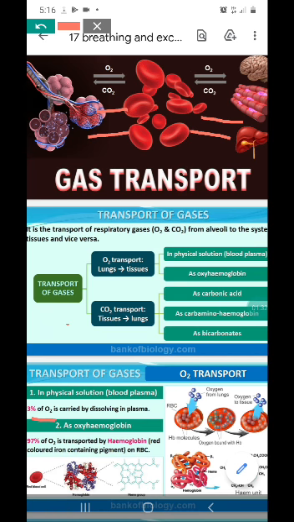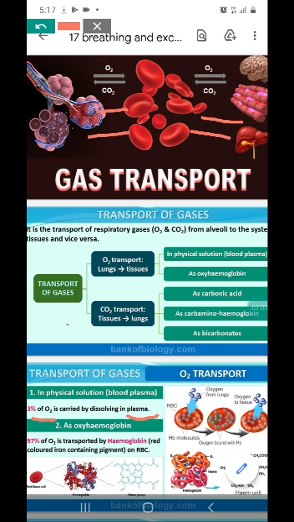3% of oxygen from the alveoli is dissolved into the plasma, just simply dissolving in plasma, the liquid part of the blood or matrix of the blood. How much percentage? 3%. Okay. And the remaining 97% of oxygen is transported by hemoglobin.